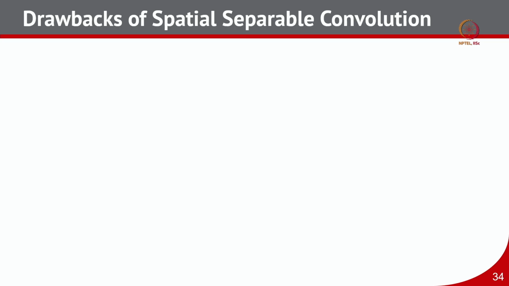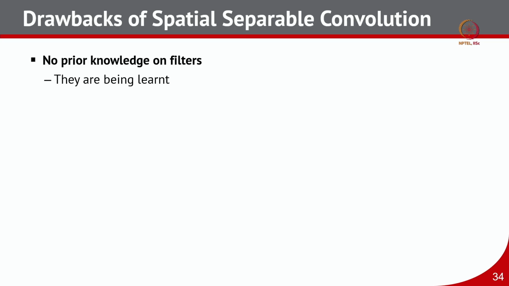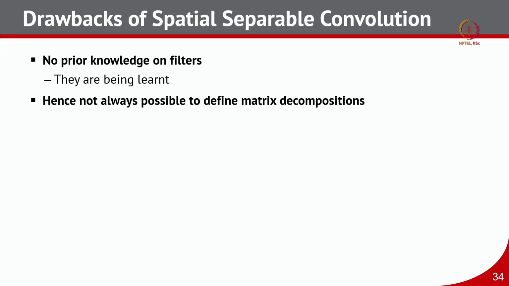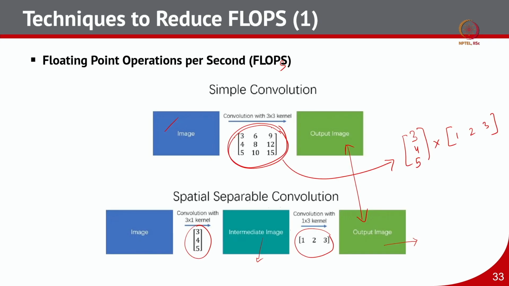But there are some drawbacks of spatially separable convolution. The first drawback is that there is no prior knowledge of the filters; they are being learned. Whenever learning is involved, the filters get updated during training. That means it is not always possible to define that matrix decomposition. On the previous slide, we took the numbers in such a convenient way that it could be decomposed into one column vector and one row vector.